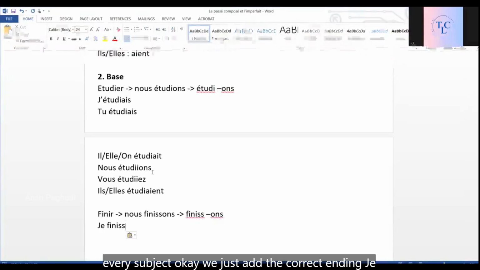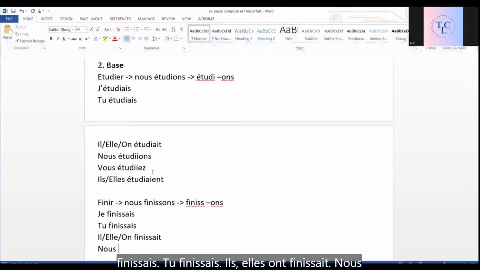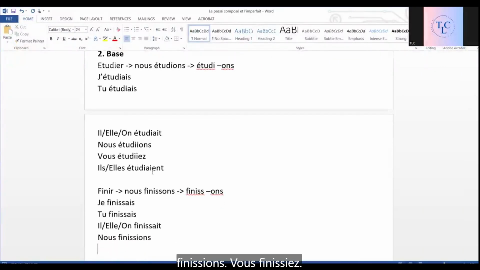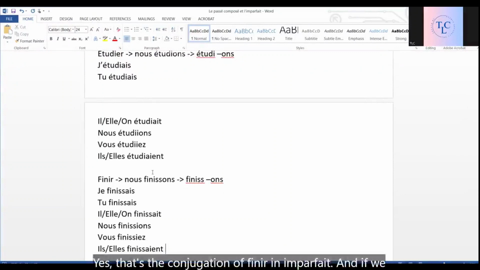We just add the correct ending. Je finissais. Tu finissais. Il, elle, on finissait. Nous finissions. Vous finissiez. Ils, elles finissaient. Yes, that's the conjugation of finir in imparfait.